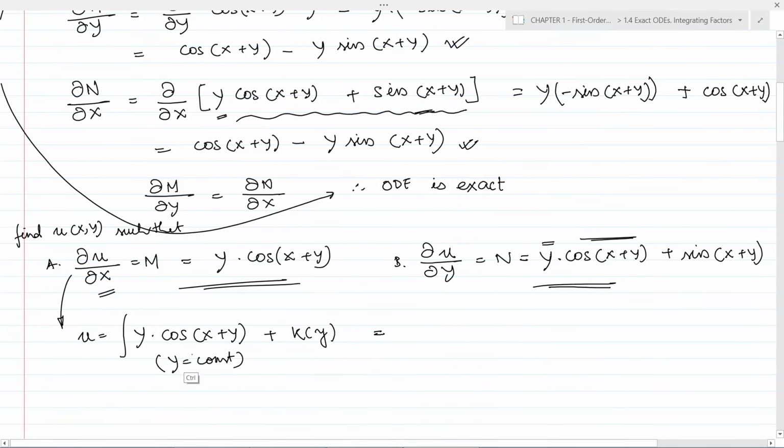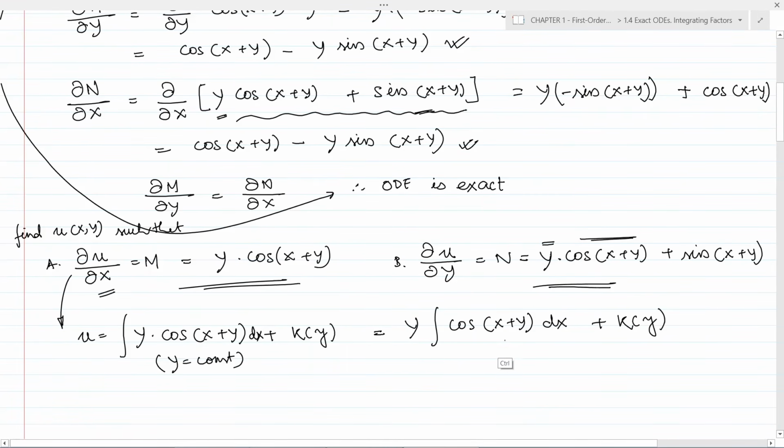On the right hand side, since y is a constant, y gets out, and it will be the integration of cos(x+y) dx, I am sorry, there would be a dx here, plus k of y.